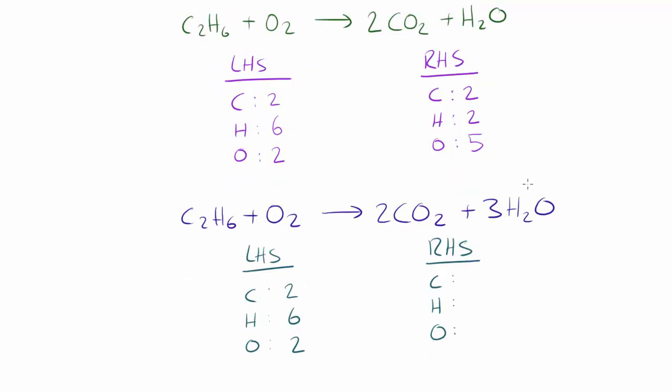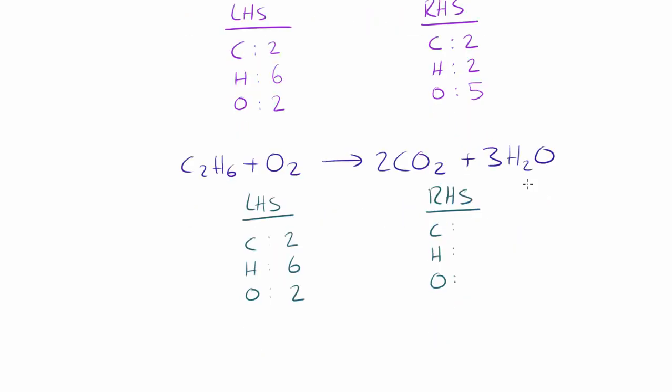We've not changed much there, and carbon doesn't occur in the H₂O, obviously, so that remains the same as it was before, right? So it's going to be a 2 as it was before. However, for H₂O, we've not just affected the number of hydrogens, we've also affected the number of oxygen. So we do need to carefully count that again. So here, of course, 3 times H₂ is going to be 6, right? Which was what we were mainly aiming for.